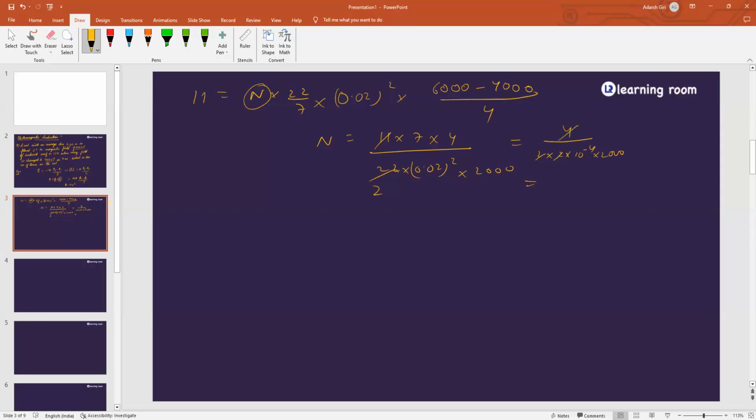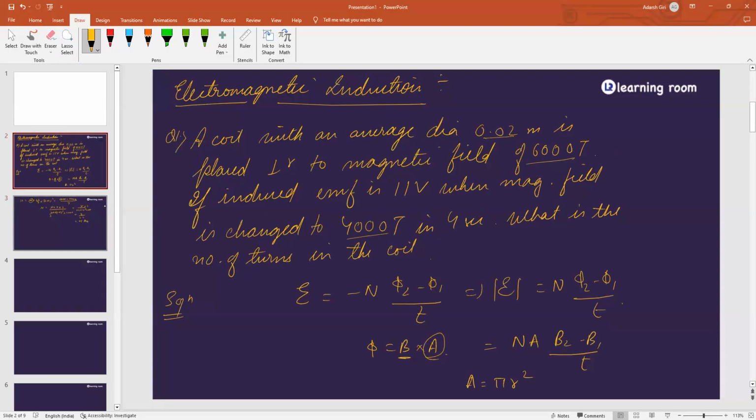These two get cancelled. So into 7 will also be there. 7 by 0.2, or 35 will be the answer. Got it? Did you understand it? Everyone? This question? Namrata, did you understand it? Yes, sir. All right.